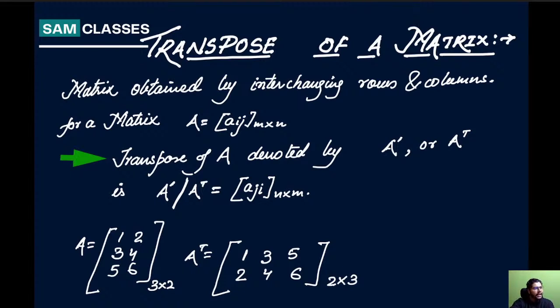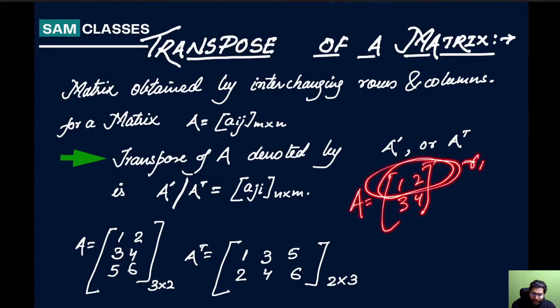Let's take a very simple example for transpose. I have taken A is equal to 1, 2, 3, 4. Very simple: whatever is row, convert it into column. Whatever is column, convert it into row. That's it. What we have in the first row, 1 and 2, make it into column 1 and 2.